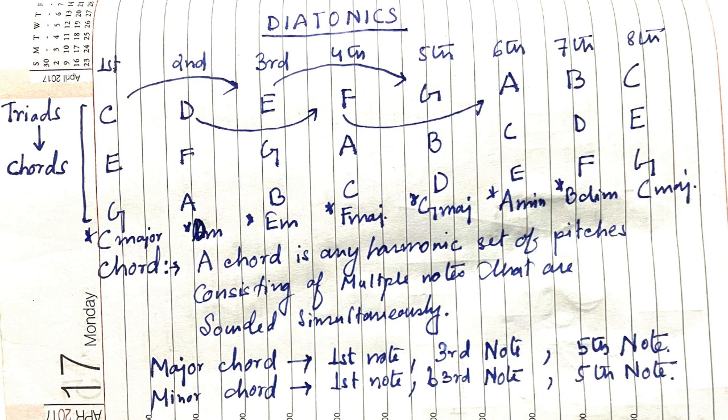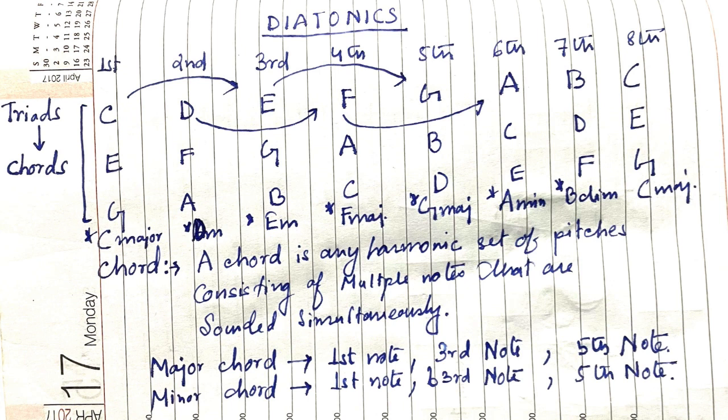All these triads that we have derived by diatonics are basically chords. So if you play a C note, at the back end of the C note, you can play a C major chord. Now, what is a major chord and what is a minor chord?